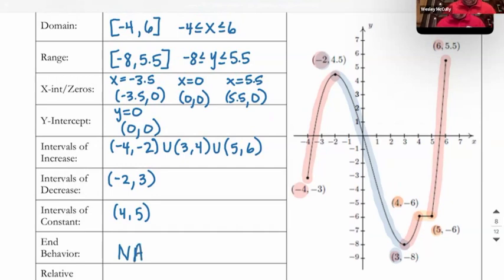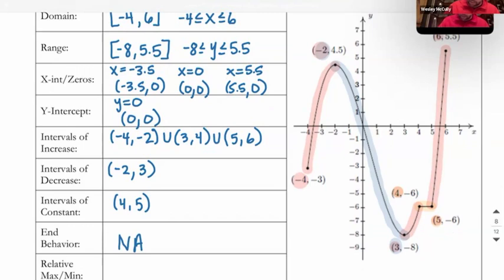Now let's take a look at relative max or min. So let's clean up this graph here so we can look at the relative max or min. Remember when we were doing the intervals of increasing and decreasing? Every time we stopped to examine a change in direction because it's no longer increasing, it was going back down. Those typically give us our relative max or min.